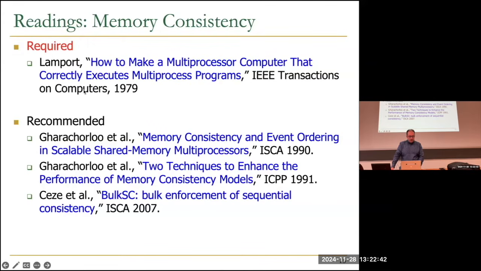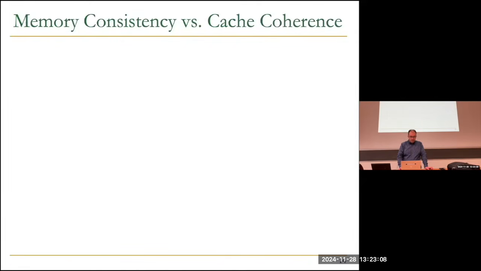We have this 2-page paper from Lamport, in which the concept of sequential consistency is proposed or defined. So I would like to suggest you check it. It's going to be one of the required readings as well, probably. There are also some recommended readings that we're going to discuss a little bit today. You can check them for memory consistency.